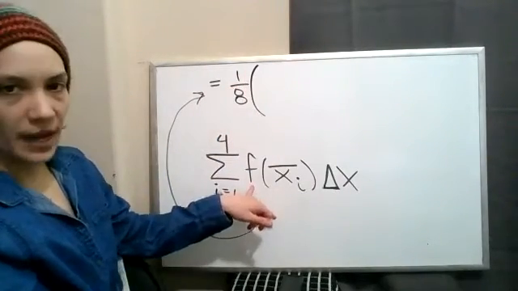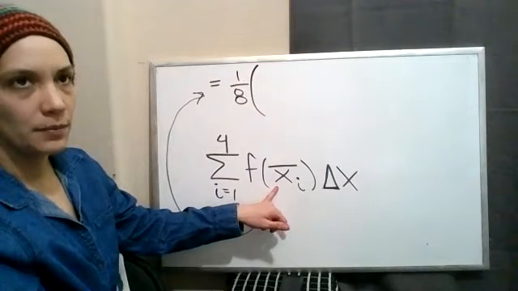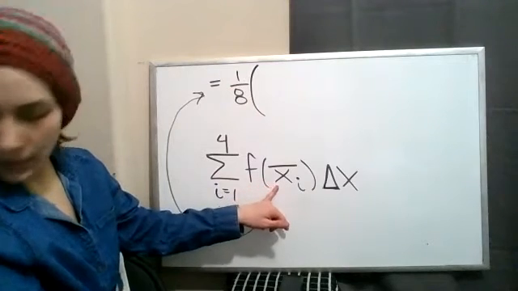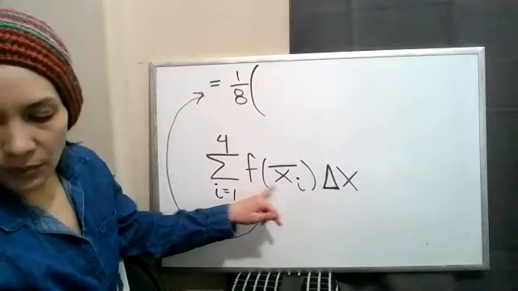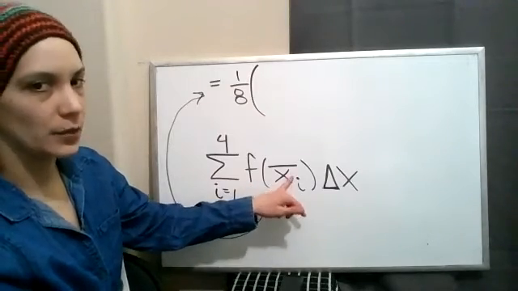Right now we're just going to keep f of each midpoint. So actually I've got even the function, sine of 1/16, and then we're going to square that.